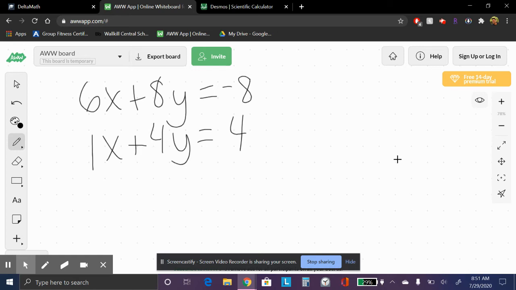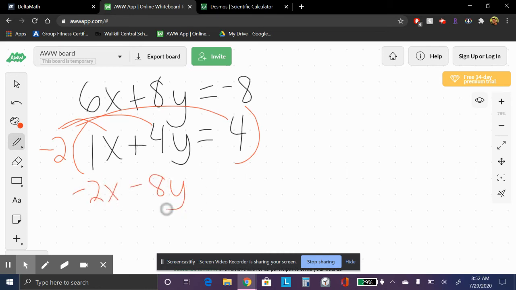Okay. Now, in order to eliminate, you got to multiply by 2, but not just a positive 2. You remember, I want to eliminate a positive 8y, so I have to multiply it by negative 2. So when I distribute everything by a negative 2, I get negative 2x, negative 8y, and negative 8.